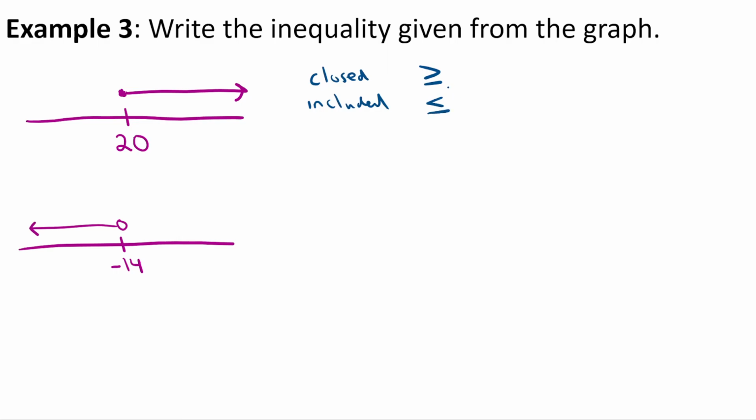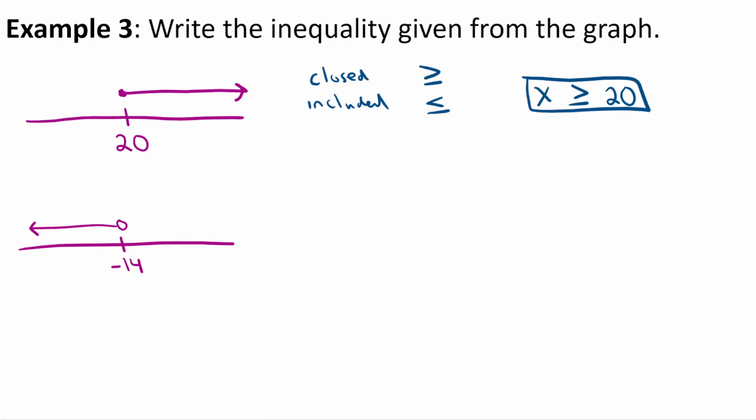And the choice is clear because I'm looking at x in relation to 20. Because we're looking at numbers to the right of 20, there's only one symbol that fits, and it is a greater than or equal to symbol. So that's my answer for this first one.